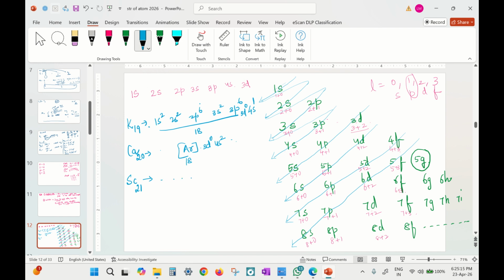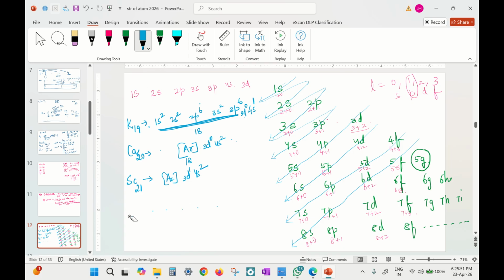Okay, so can we put it as argon followed by 3d1 and 4s2? Now, I told you these 18 electrons. What will be the electronic configuration of argon? Isn't it 1s2, 2s2, 2p6, 3s2, 3p6?